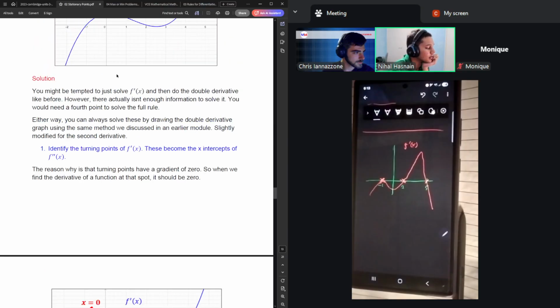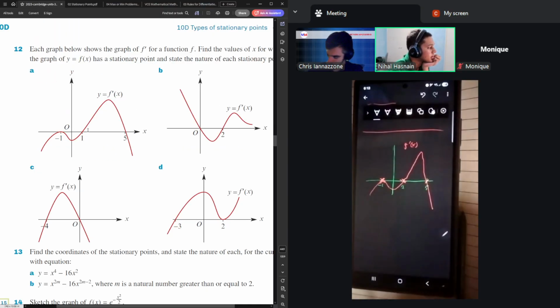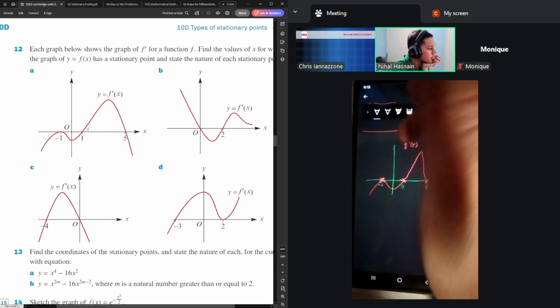So at -1, it's a stationary point of inflection.